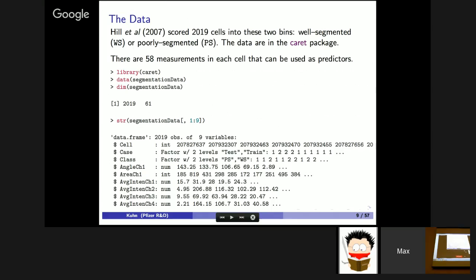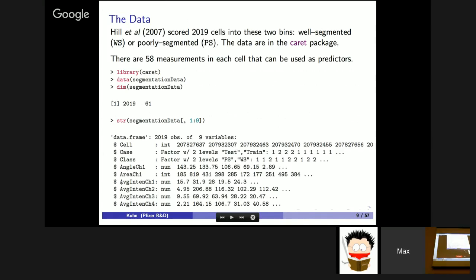You can see that the first row in that data set is a 1 here, which means it's poorly segmented. And you see a bunch of different predictors. So channel 1, the CH1 here, indicates something that measures the cell body. When you look at the area of channel 1, that's basically the number of pixels that are inside the entire cell body. If you see area channel 2, channel 2 in this case is for the nucleus, you would get a measurement of how big the nucleus is.